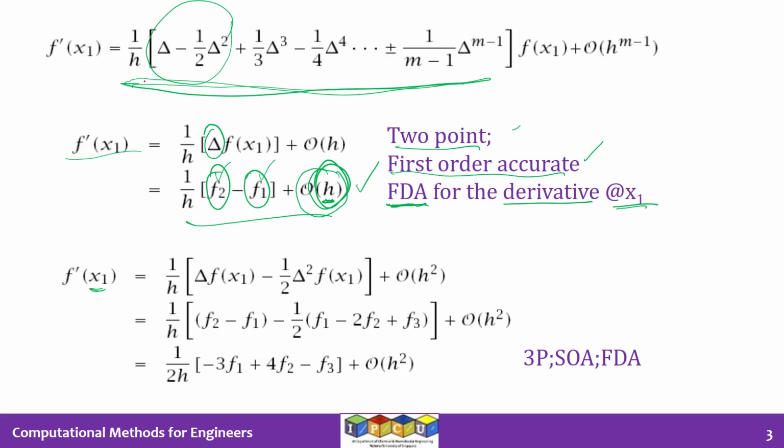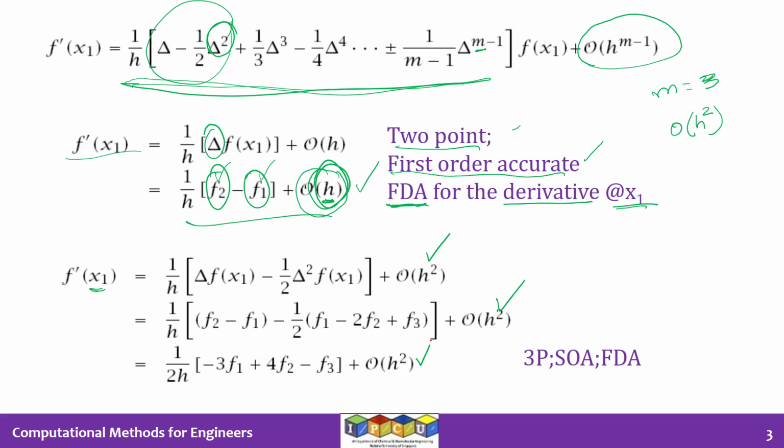So if I retain the two terms there, m is equal to 3 because the highest thing is delta to the power of 2. Delta to the power of 2 comes with m is equal to 3. So with m is equal to 3, the error is going to be of the order of h to the power of 3 minus 1. It's going to be of the order of h squared. That's the first thing we note.